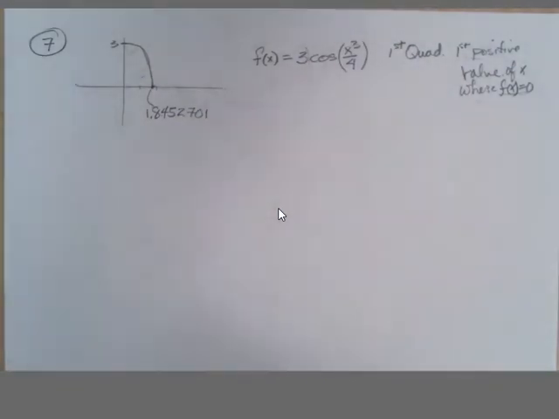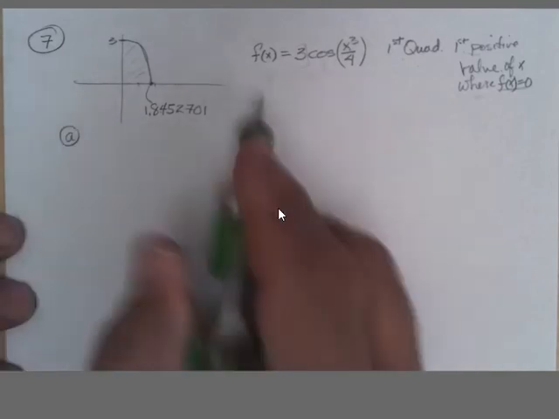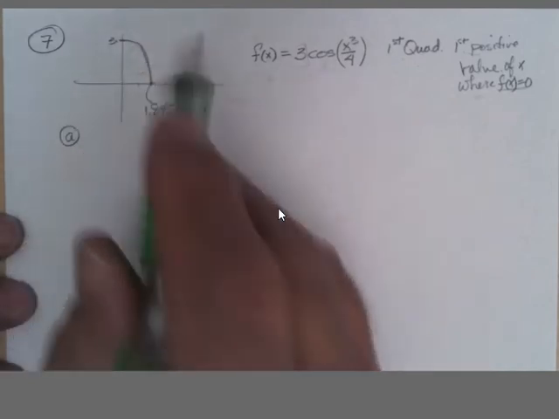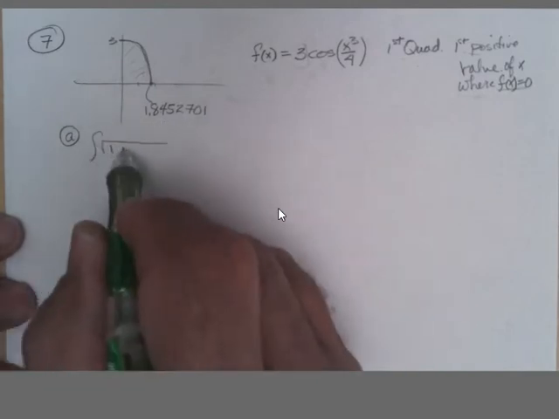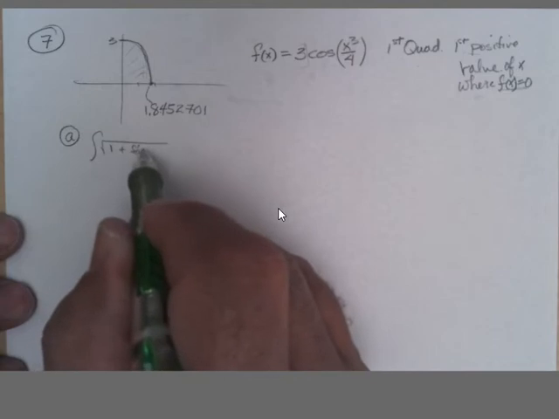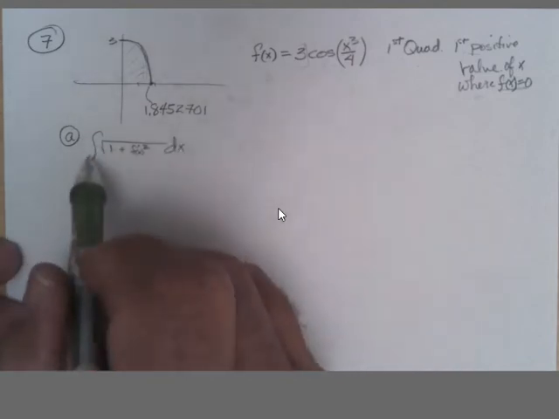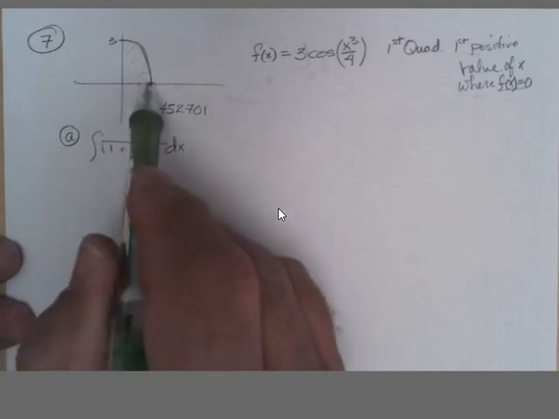Okay. Now the first thing they ask for, part A of 7, is to find this arc length. How far is it from there to there? And that formula, remember, was the square root of 1 plus the derivative squared dx, and evaluated from whatever x needs to go from. And so that's from 0 to this.